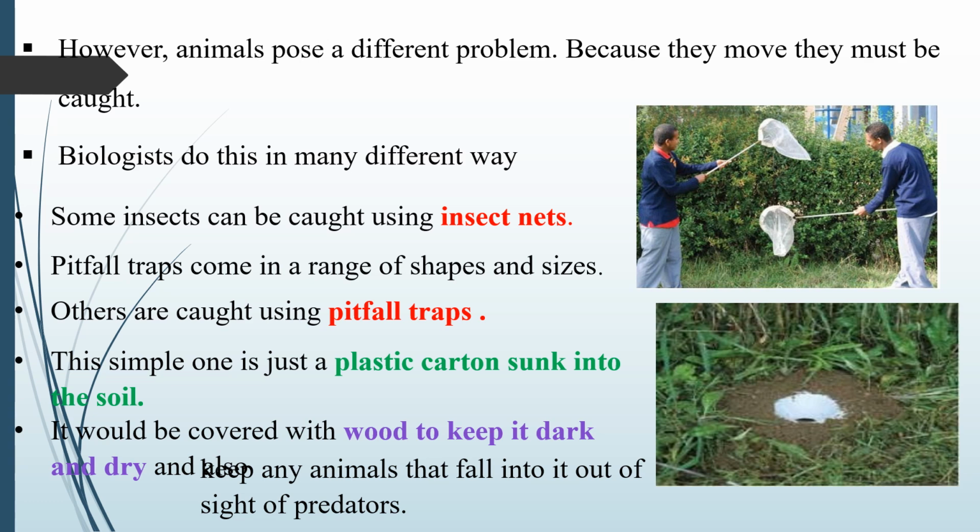It will also be covered with wood to keep it dark and dry. And also keep any animals that fall into it out of sight of predators, so they can hide there away from predators.